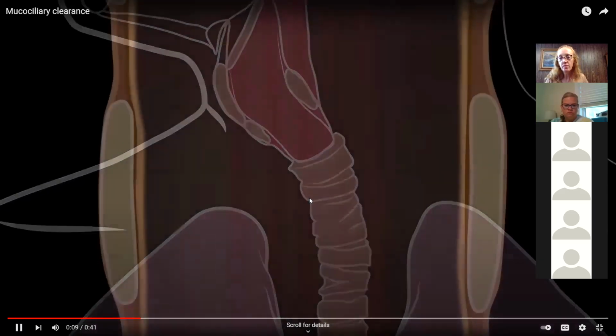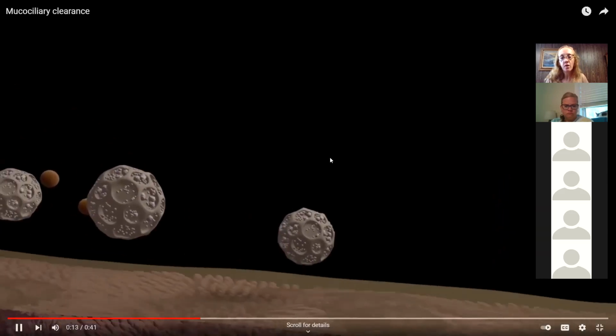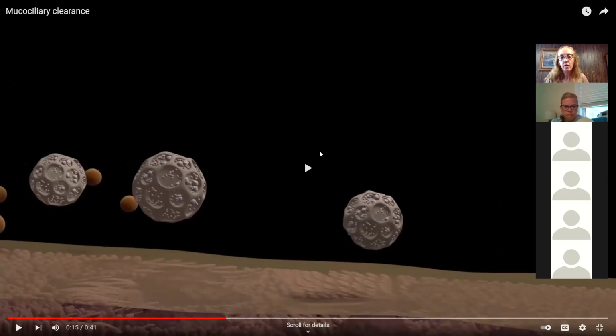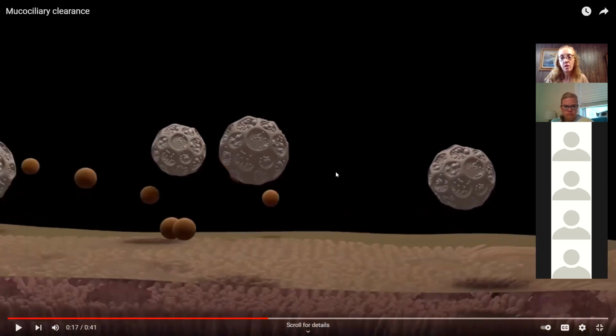Dust, bacteria, and pollen. Hair-like cells called cilia, as well as goblet cells, can be found in the lining of the respiratory tract called the respiratory epithelium. So here's the cilia. Watch the way they have this stroking pattern where things will be propelled along the surface.